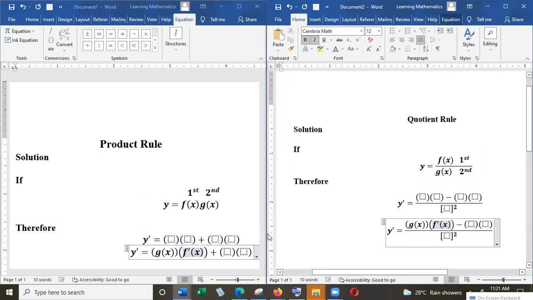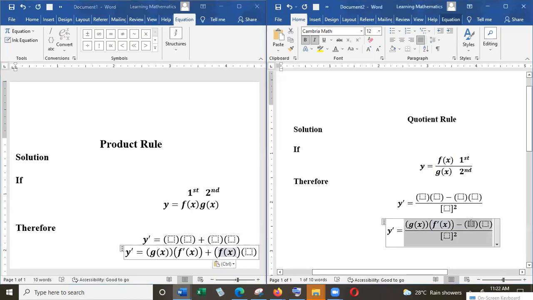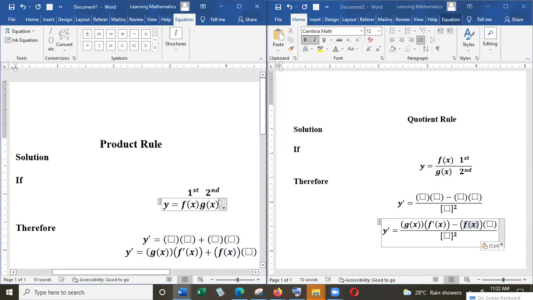Plus or minus, what you do now, you carry forward the first function. And now you differentiate the second function here.